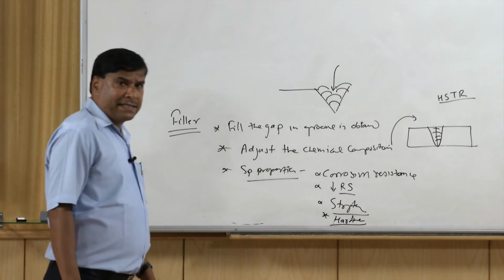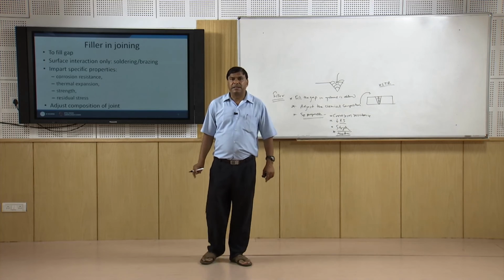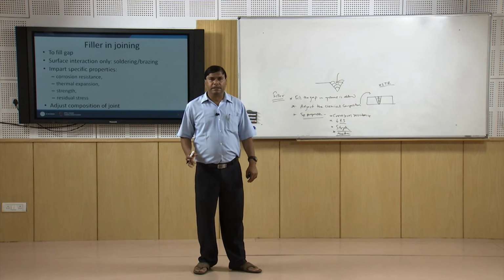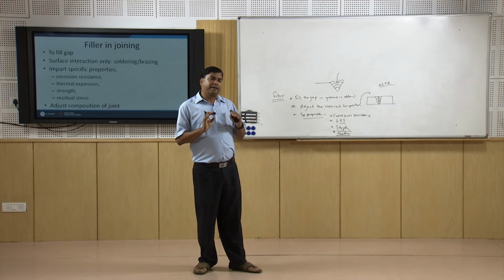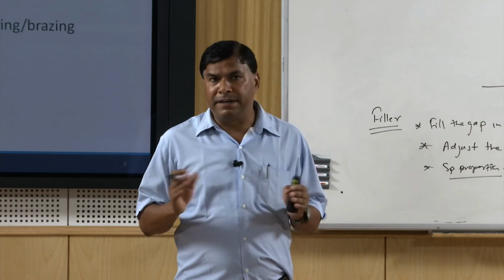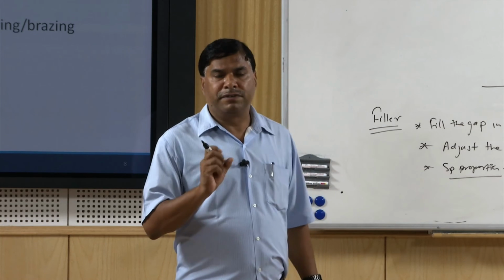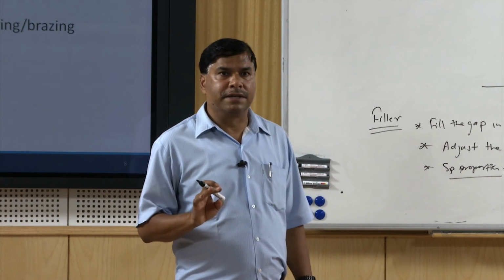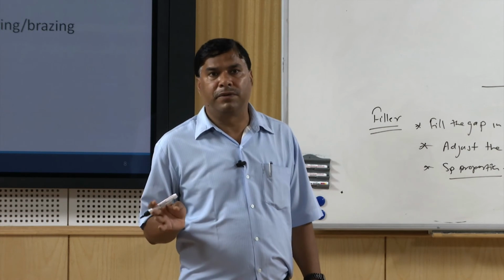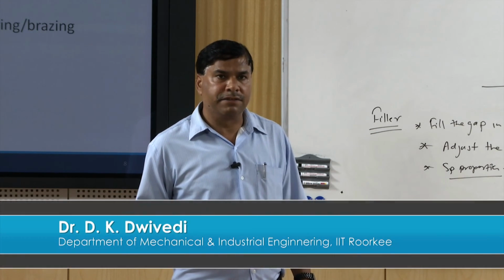So, in this lecture we have seen that the different joining processes can be categorized based on the fundamental mechanisms. There are three fundamental mechanisms: one is diffusion, another is deformation with or without recrystallization, and third is fusion.